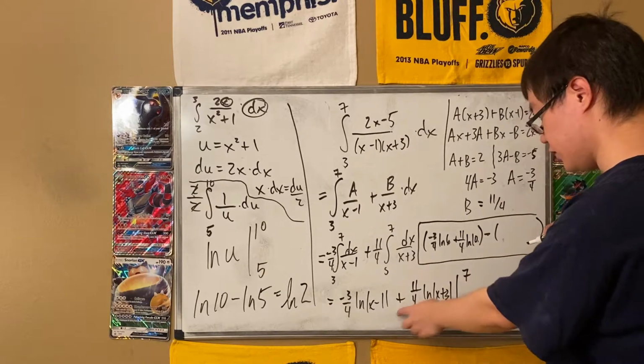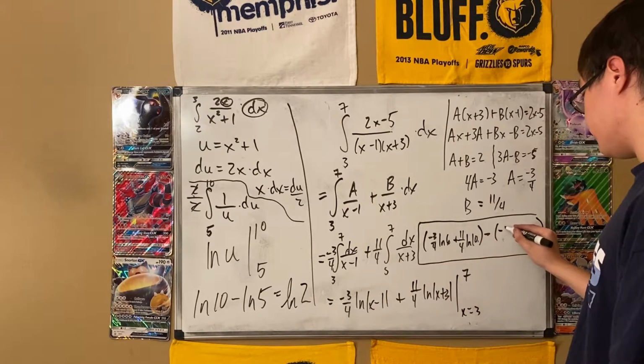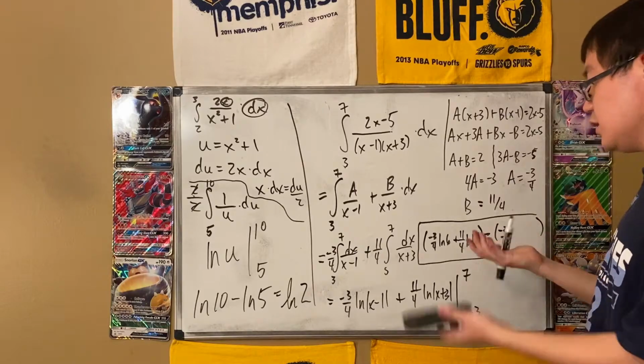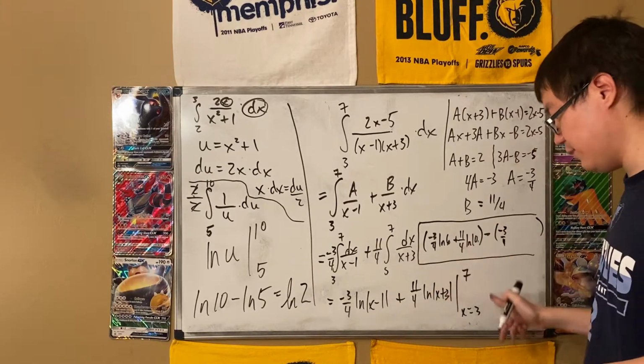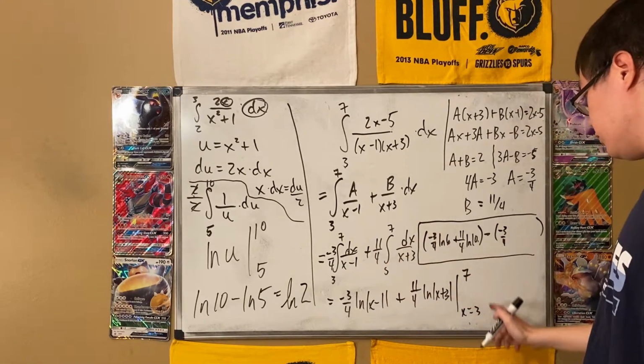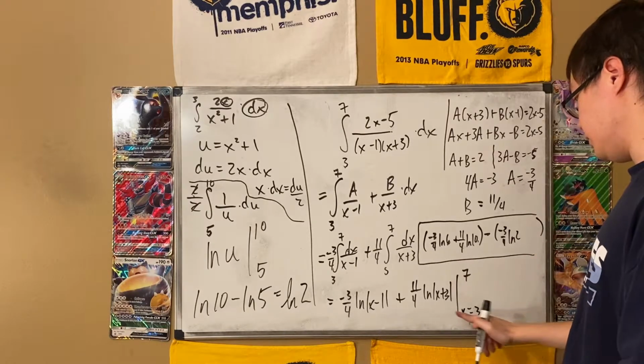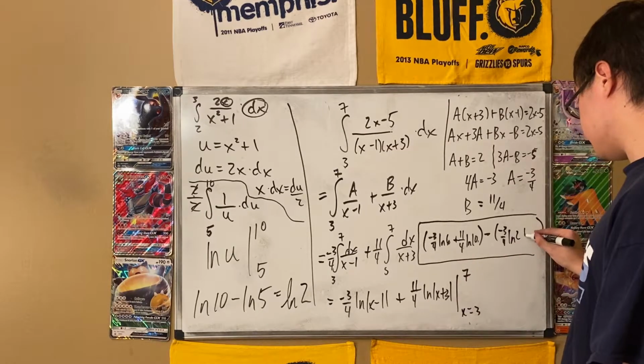And now let's plug in 3. When you plug in 3, it's going to be negative 3/4. So that's why it did become plus. You could have done top minus bottom into this and top minus bottom into this, but we might as well just do top minus bottom one time. So we're going to plug in 3, so it's going to be negative 3/4 ln of 2, and then it's going to be 11/4 ln of 6.